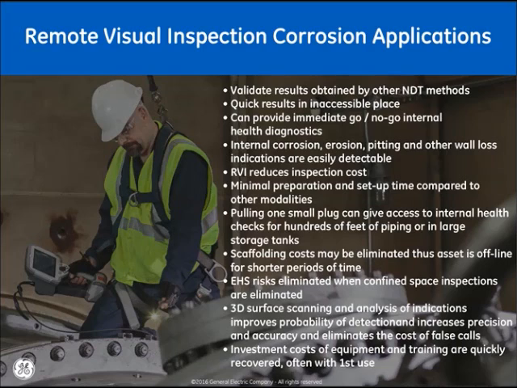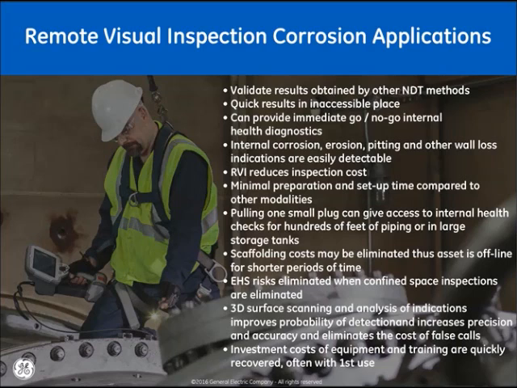Deploying RVI has also proven to reduce inspection costs because of the ease of setup and the ability to obtain quick results with a minimal amount of preparation time. This means that opening, say, a small borescope port or a manway cover or removing a flange will all allow some type of access. If you're inspecting above ground, you can also eliminate external or internal scaffolding to make your inspections.